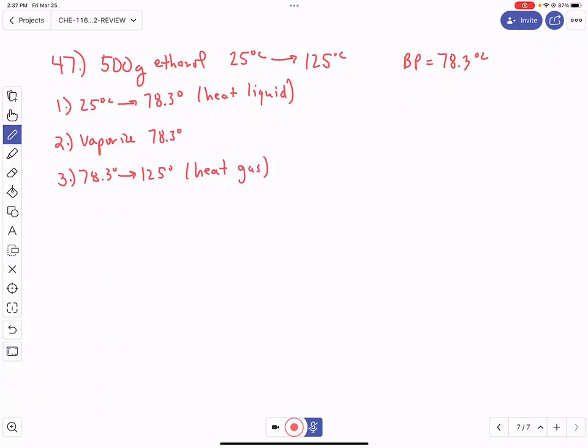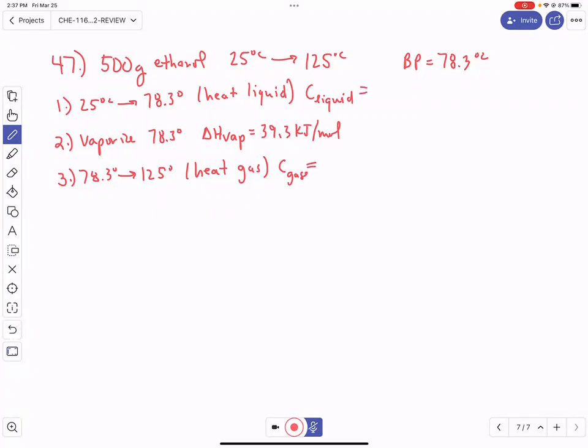So for that, we need some information, right? We need the heat of vaporization. They tell us the heat of vaporization is 39.3 kilojoules per mole. We also need the heat capacity of the liquid, and we need the heat capacity of the gas.